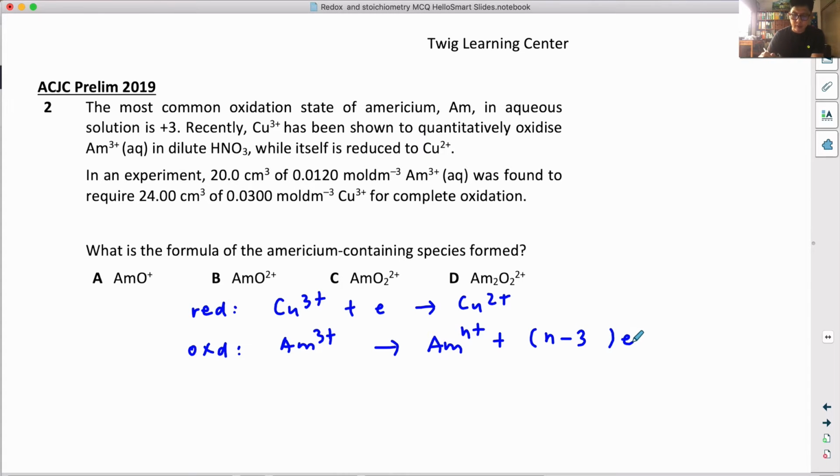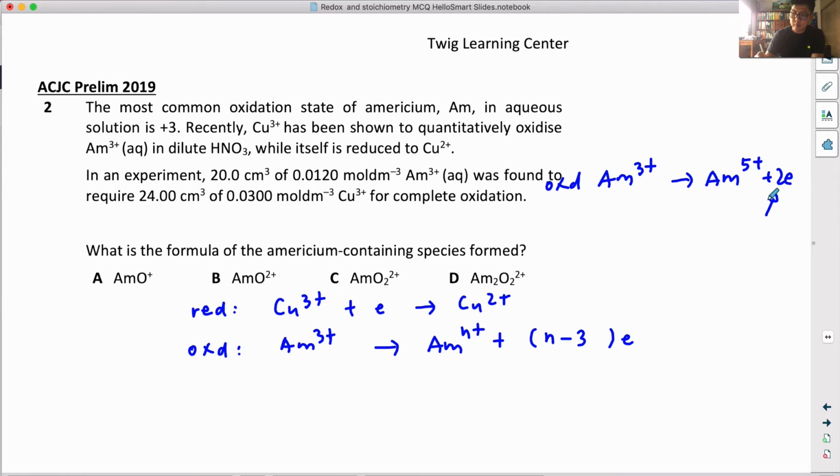If you're not too sure what to write, I'm going to give you an idea of how I do it. Because I know this is oxidation, there will always be an increase in oxidation number. So say this is 5+, then the number of electrons lost is 2.